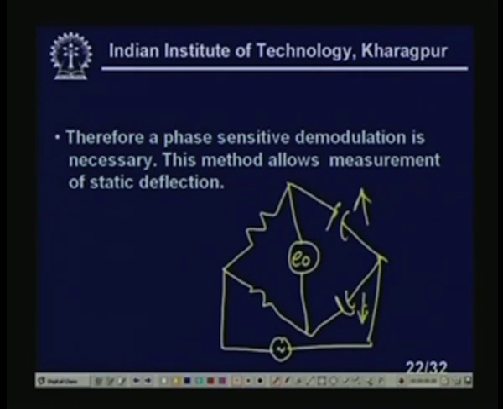So, I will get an unbalanced voltage. Now, if this decreases and this increases also, I will get unbalanced, but how will I know which side it is? For that reason, as we did in the case of LVDT, I need some phase sensitive demodulation. With the phase sensitive demodulation, this type of problem can be easily solved.